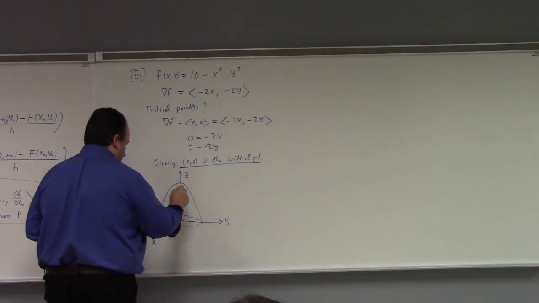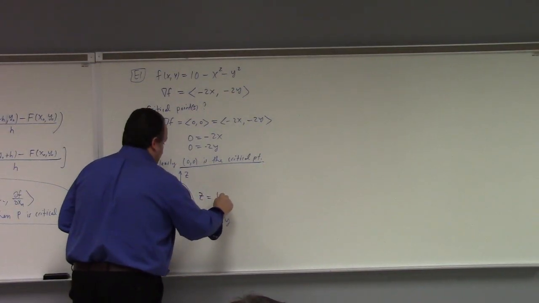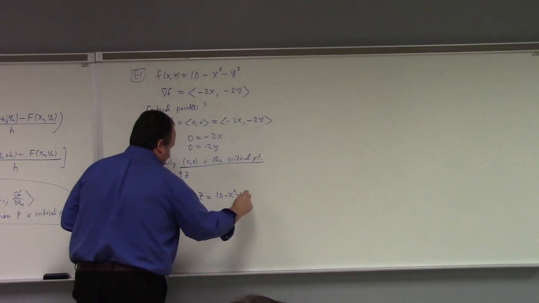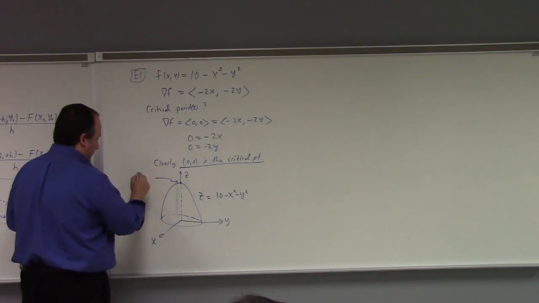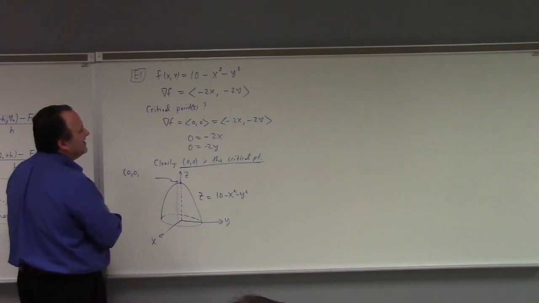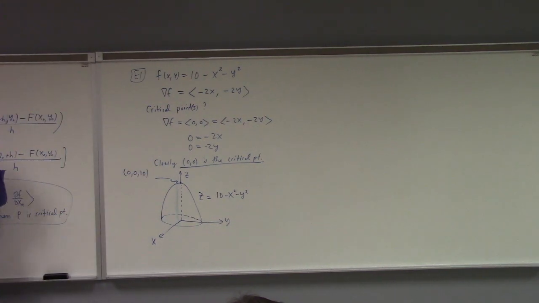What's this point, this point right here in the graph of f? That point would be 0, 0, what? 10, right? And pretty clearly that's a local maximum. That's also where the critical point is in the domain. And then it just keeps going down and down. So in fact, not only is that a local maximum, that's a global maximum for this function of two variables.